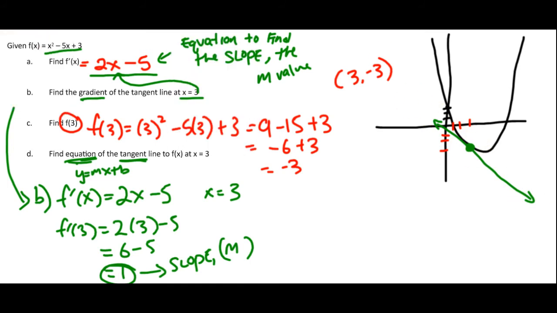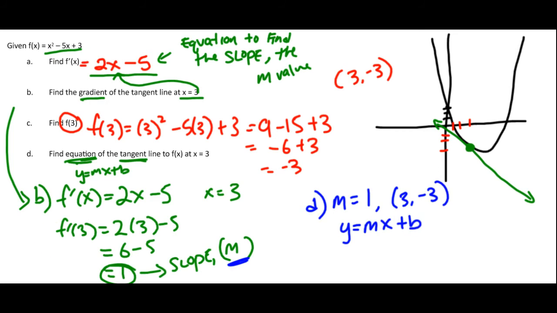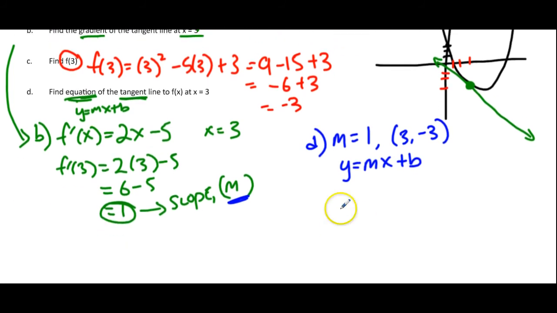They want to know what this line is. We have the m value, which is 1. We found that already. We have a point, which is 3 comma negative 3. All we need to do is find the equation, so we plug this into y equals mx plus b. Negative 3 is your y, m is 1, x is 3, plus b.